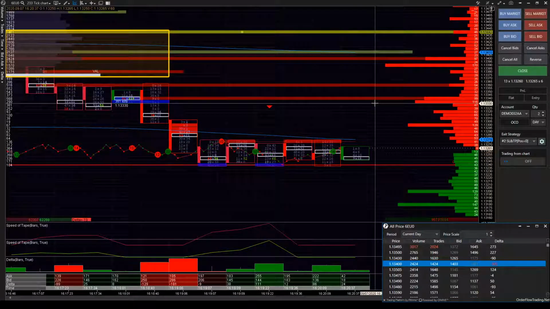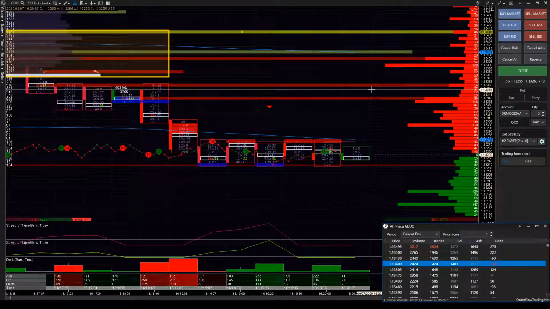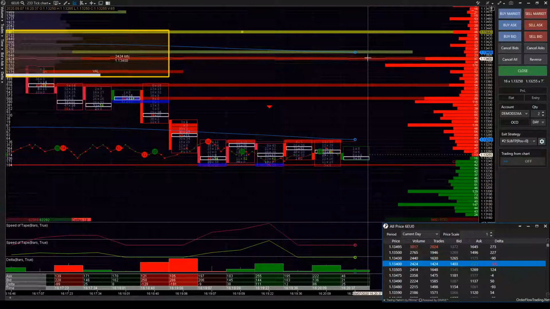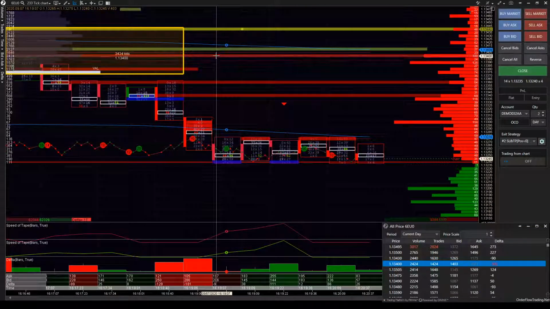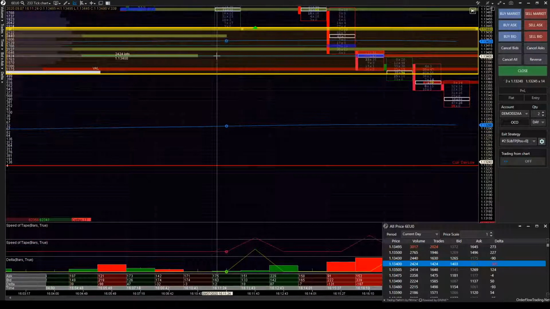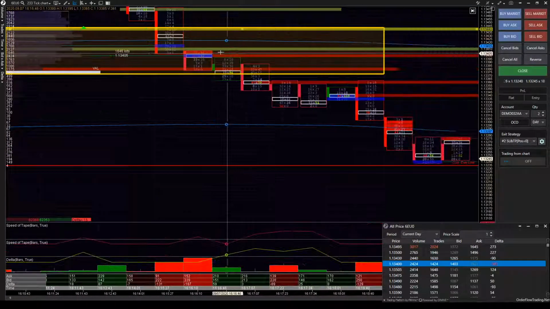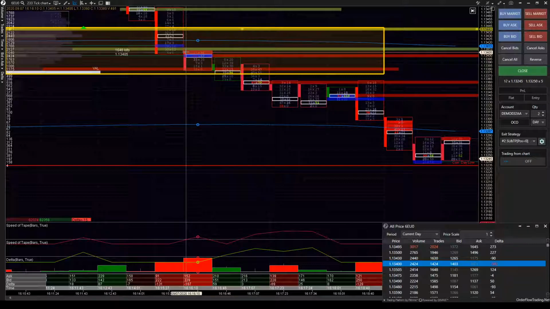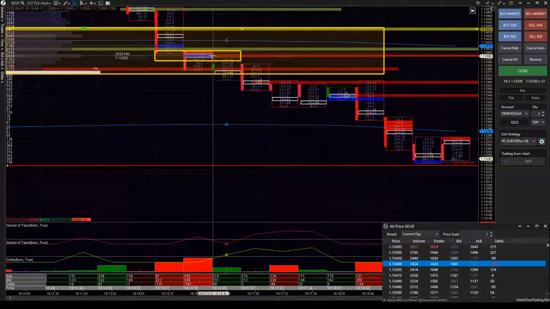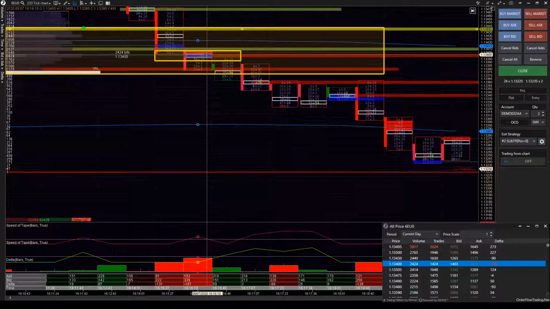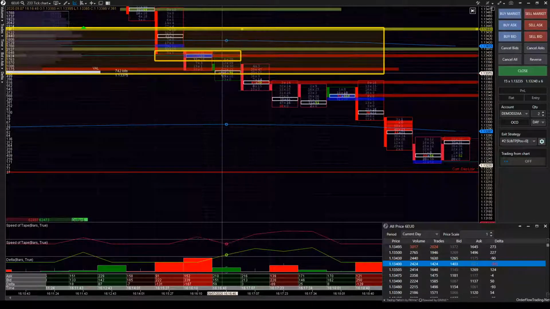Okay, that's 3, 4 will be here. Okay, at this area is when the sellers, right here, you can see this is the exact moment, the exact place where the sellers created the downside movement.